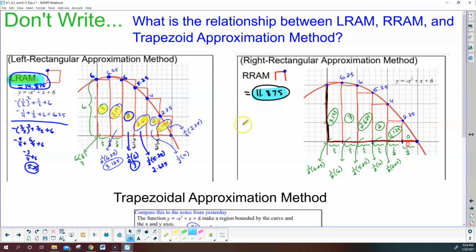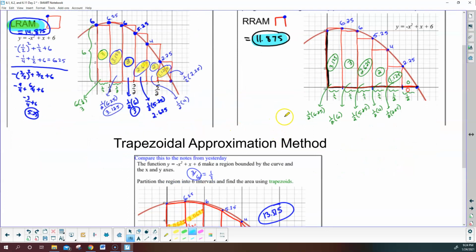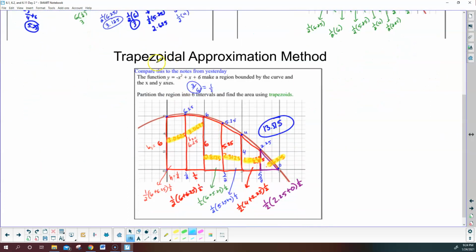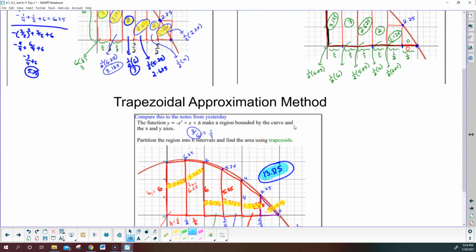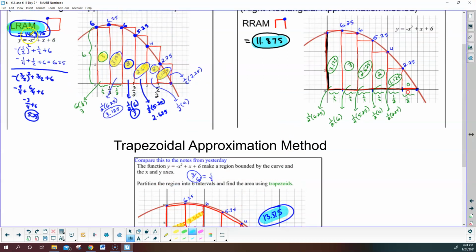But how does the trapezoidal one relate to the left and the right RAM? Well, here is the actual trapezoidal one. And notice I got 13.375. Well, 13.375 is really kind of right in the middle of those. So what if I took the left RAM and right RAM and I added them up?